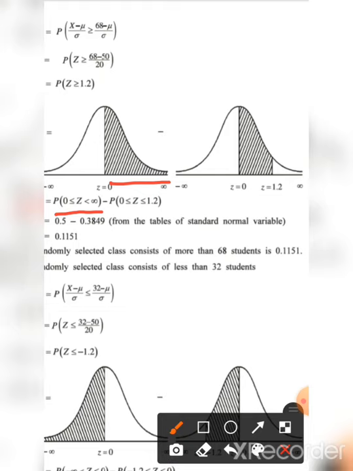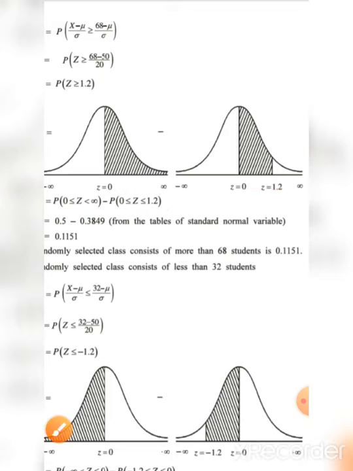Now see children, mind my words, because it is infinity, we don't have any exact or particular value, right? We don't put the equal to sign, so it is always 0 less than or equal to z less than infinity. Then as the minus sign is there, we are deducting the area between 0 and 1.2, right? So P of 0 less than or equal to z less than or equal to 1.2. That is the formula we have written, right?